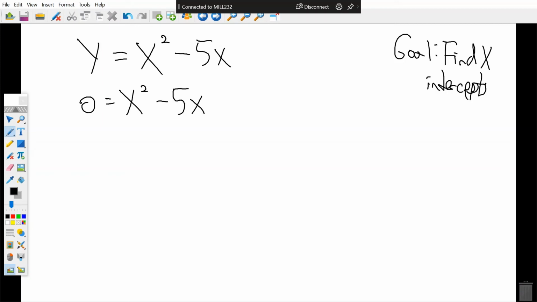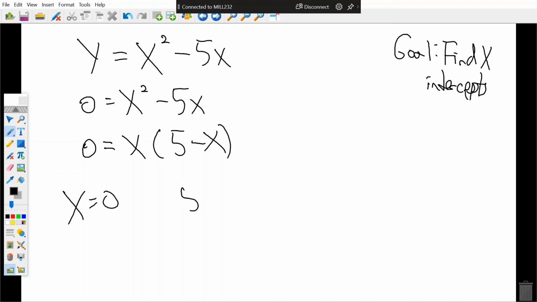Now this one's not a trinomial, okay? We don't have to do any add and multiply here. The only thing we can factor here is we can factor an x out of both of these. So if I factor an x out of x squared minus 5x, I'll get 0 equals x times 5 minus x. Now I'm going to make both of these things equal to 0. x equals 0 and 5 minus x equals 0.